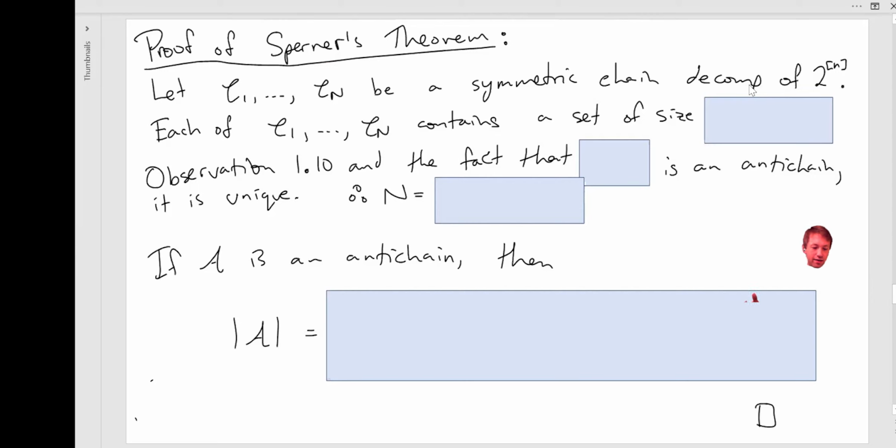Here's a thing. Remember what a symmetric chain is. The smallest set has size k, where k is at most n over 2. And the sets go up in size by 1 until they reach n minus k. That means that no matter what, they must have at some point included a set of size n over 2. Because if you start below n over 2 and you end above n over 2, or even if you start at n over 2, you must contain something of size n over 2. So each chain does contain a set of that size.